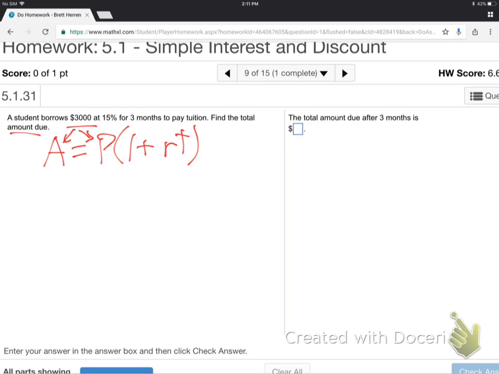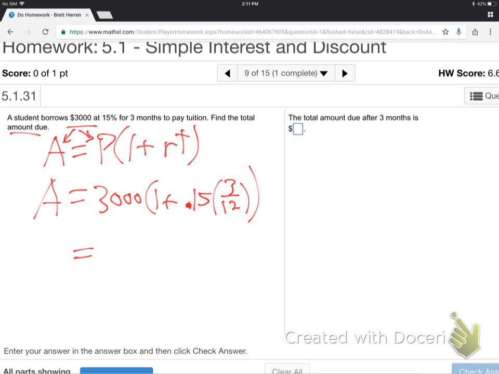Find the amount due. So this time they're giving me the P, the principal that was borrowed. The interest rate, 0.15, the time, 3 months. You know what we do with months? We put them over 12 because we got to make them years. Like that, right?